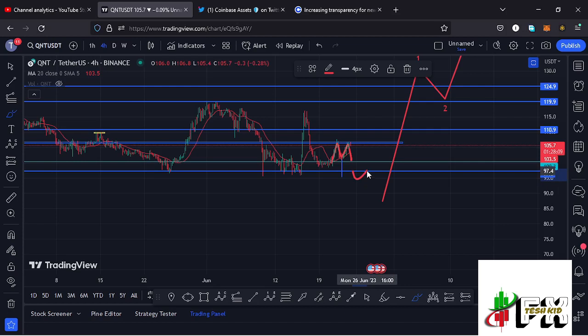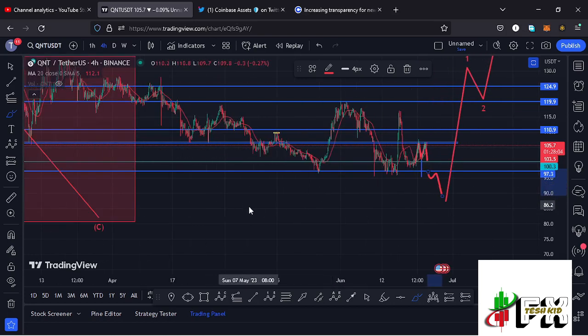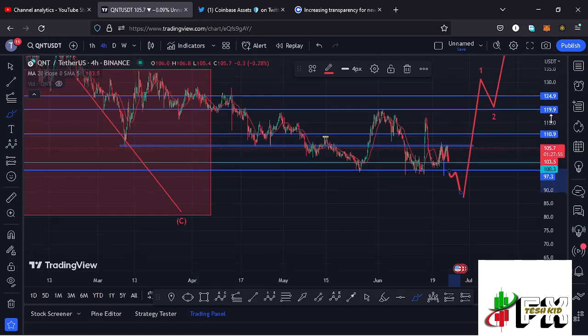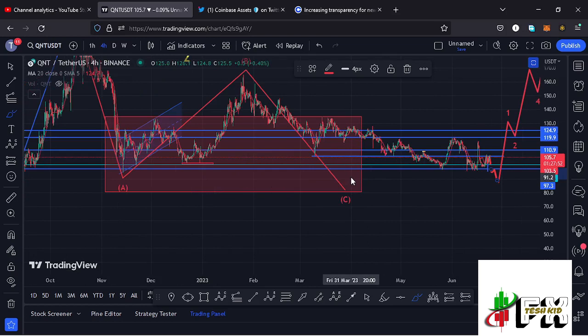And in case such a move plays out, then there's also the high risk of losing that low and also putting in place a low within the $80-point-something range here in the formation of that larger Elliot wave count 2. And in case such a move plays out, then I believe that would be a good entry back into Quant, and that is not financial advice, so that you can ride that massive pump in the formation of that wave 3.